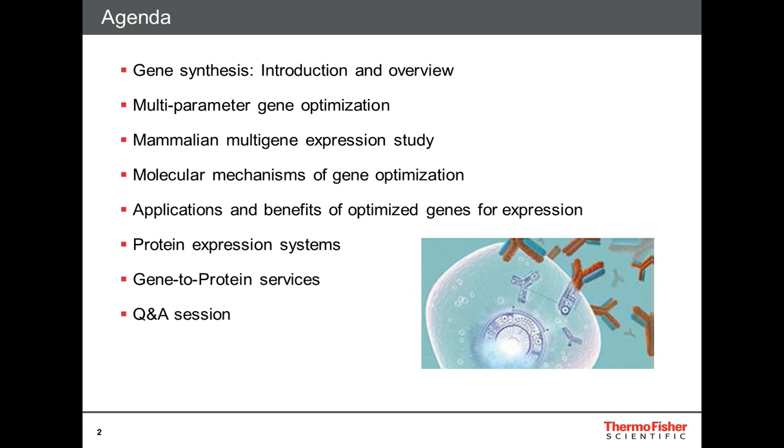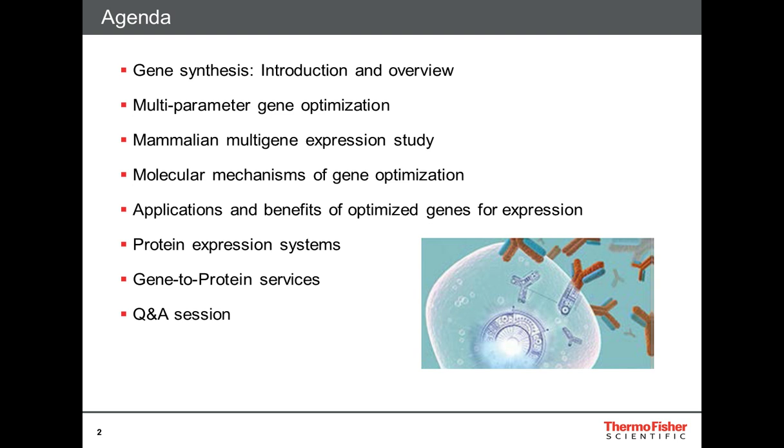So, a slight overview of the agenda. I will introduce you and give you a small overview about what gene synthesis actually is and what then next what gene optimization is. So the design, the in silico design of sequences prior to their actual synthesis. Then I want to give you an overview of the results of a mammalian multigene expression study, which we did with optimized genes, and tell you a little bit about the mechanisms of gene optimization.